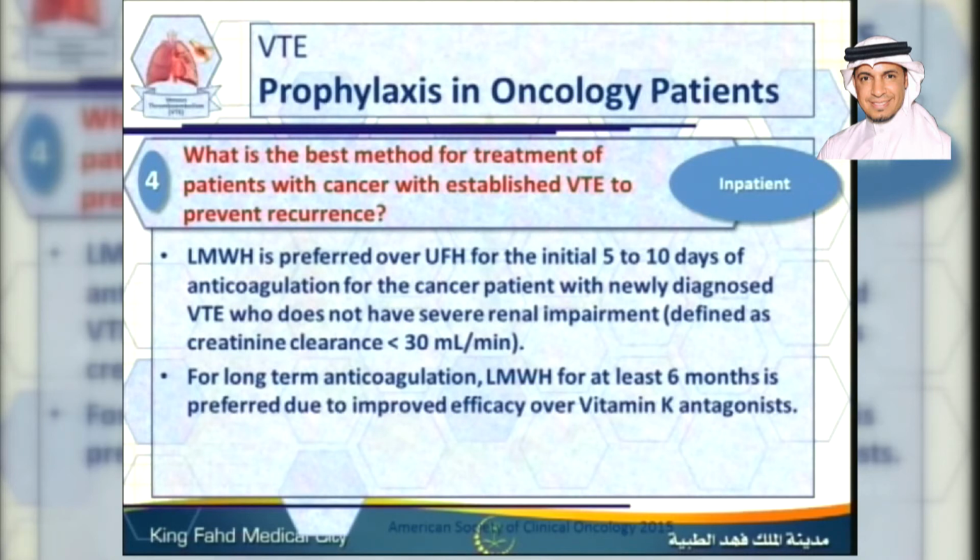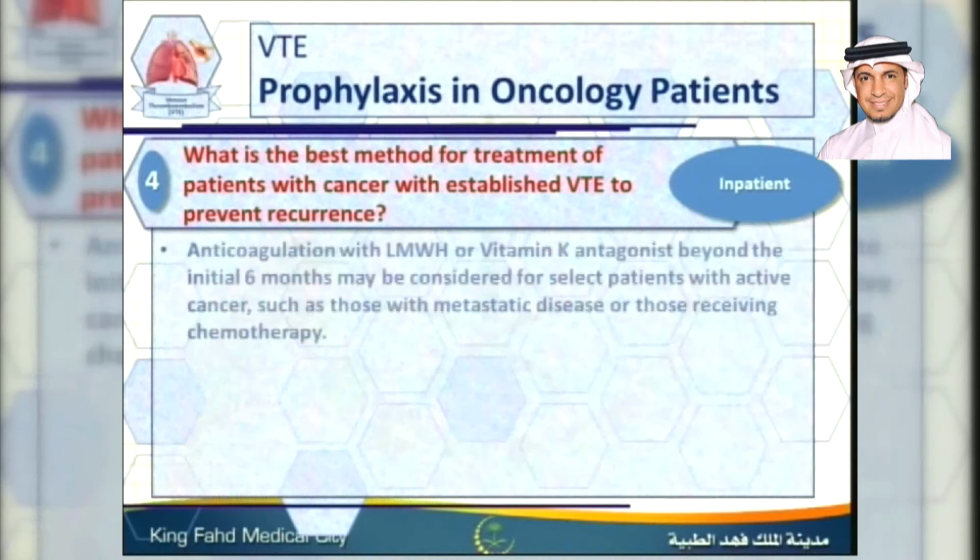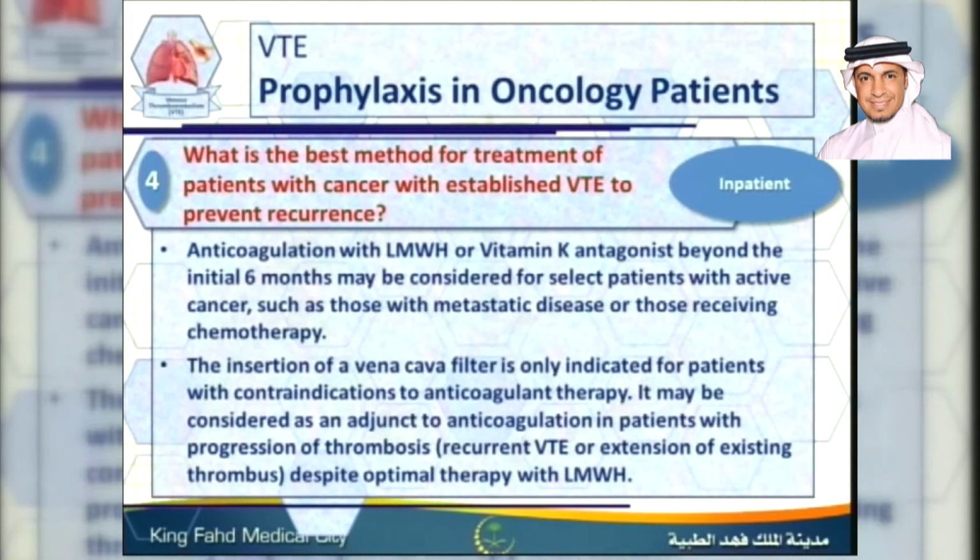Studies such as the CLOT, CATCH, and LITE trials support its use for up to 6 months due to improved efficacy over vitamin K antagonists, and I will discuss some studies. Vitamin K antagonists are an acceptable alternative for long-term therapy if low-molecular-weight heparin is not available, as a second choice. The ACCP guideline and ASCO both recommend low-molecular-weight heparin as first-line therapy.